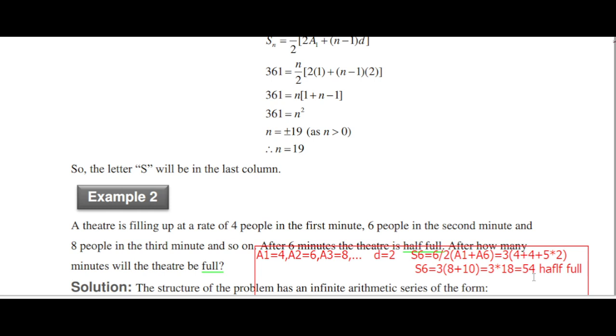The full one here is the theater will be full. 2 times 54, which is equal to 108.